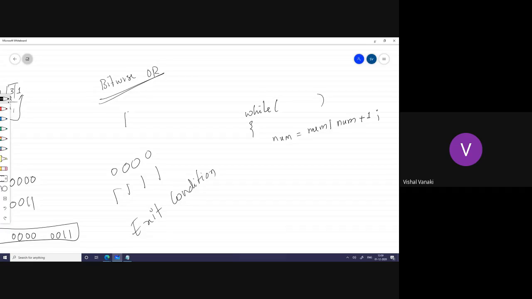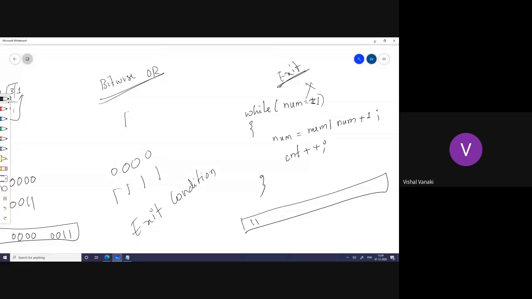Instead of minus 1, you have to do plus 1. So this is a scenario. What is my exit condition here? That is my concern. Should be 1, sir. No, you can't check num is equal to 1. This is wrong because all the 16 bits or 32 bits will be 1.